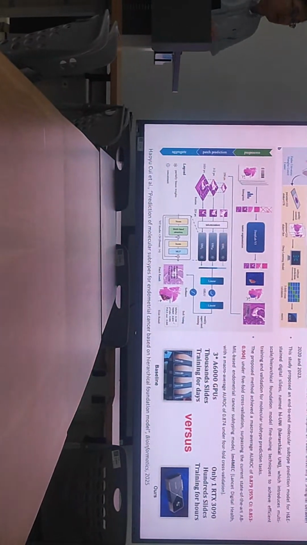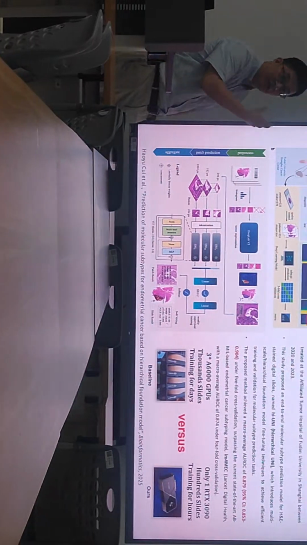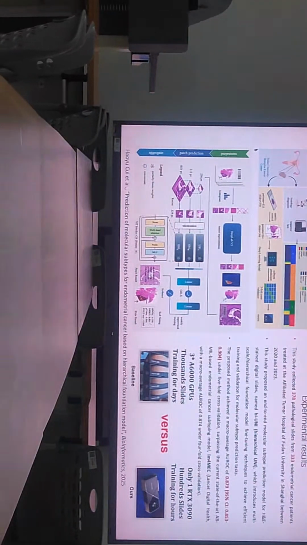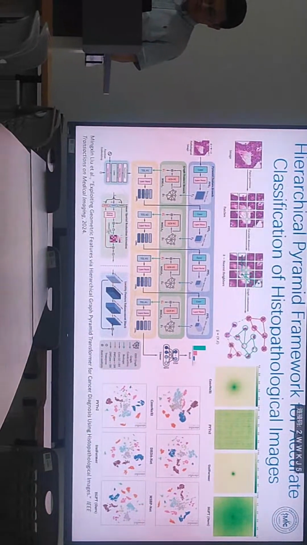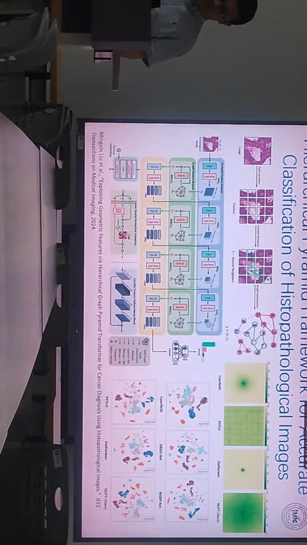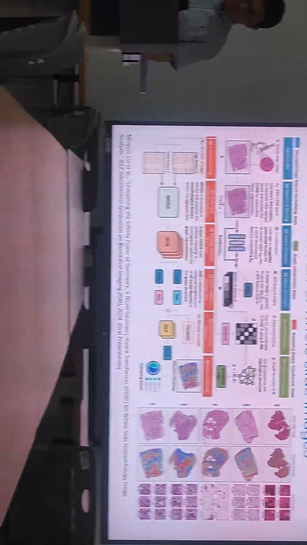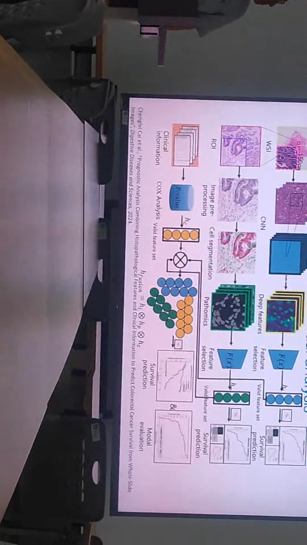Why is this important? Because molecular cell types call for different kinds of therapies for the patients. And there are a lot of imaging analysis problems with histology images. I'm not going to give more details.